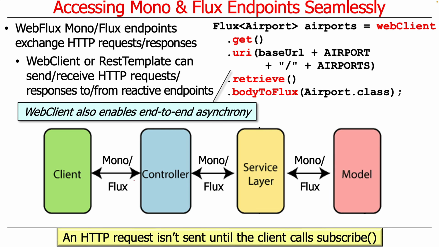What's interesting is even if you do all this code, there's no HTTP request sent at all until the client calls subscribe over here somewhere. So the whole thing is done in a completely lazy manner. Now, that may sound confusing at first, but it really is just the way you write programs with reactive programming. So from the perspective of programming a client, it doesn't really look any different.